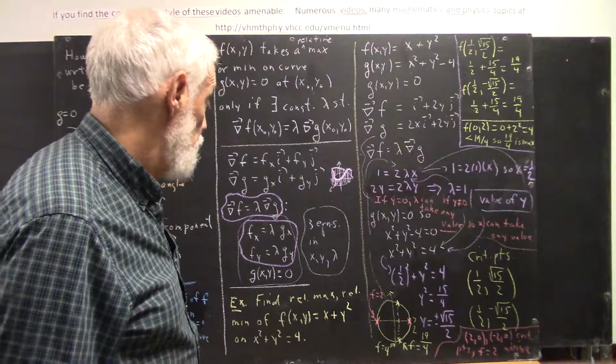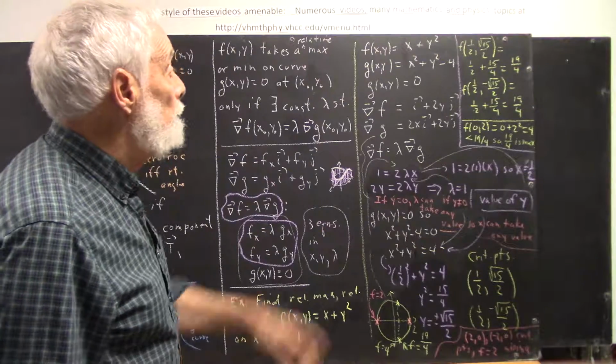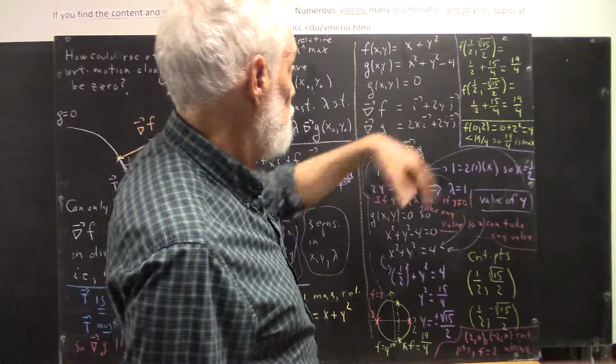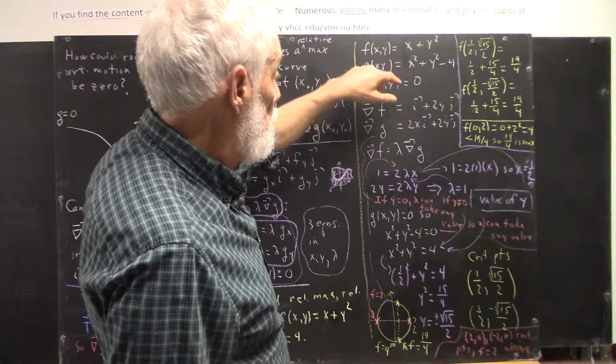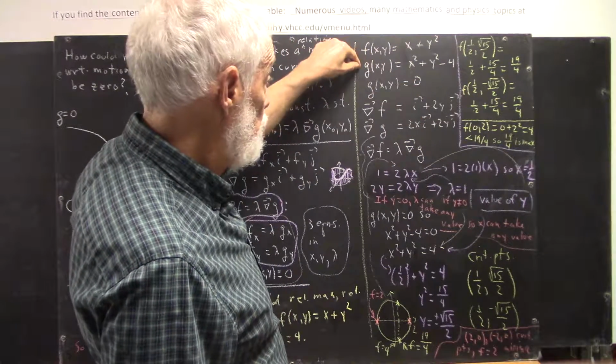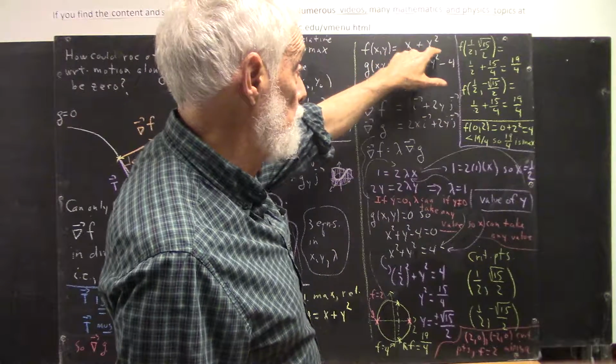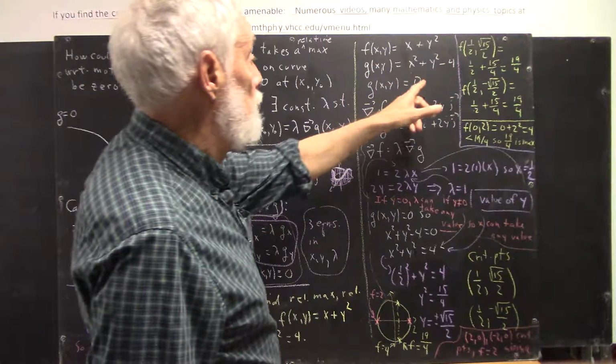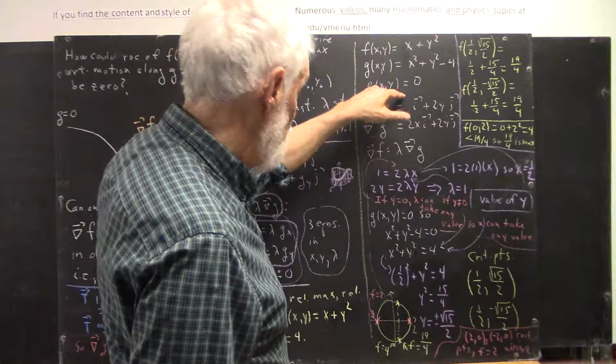Now in the solution to this problem, which I restate here, f of x,y is still x plus y squared, and your g of x,y equals 0 is your level curve, where g of x,y is the function x squared plus y squared minus 4. We want g of x,y equals 0 to be the level curve.